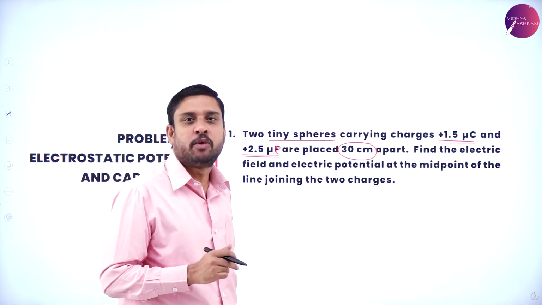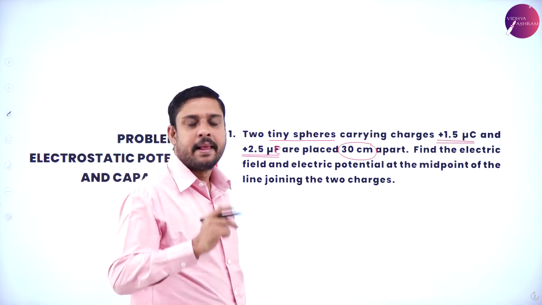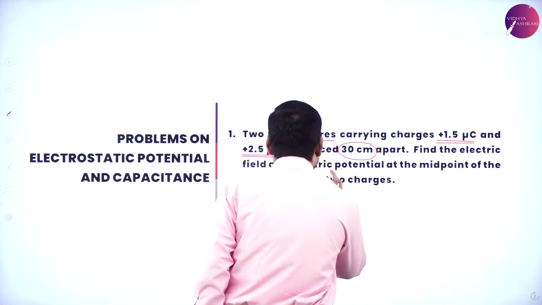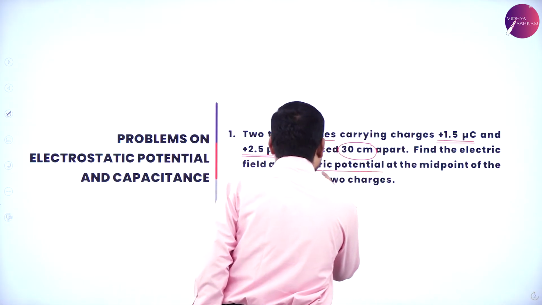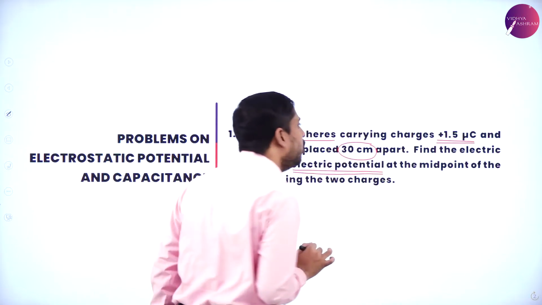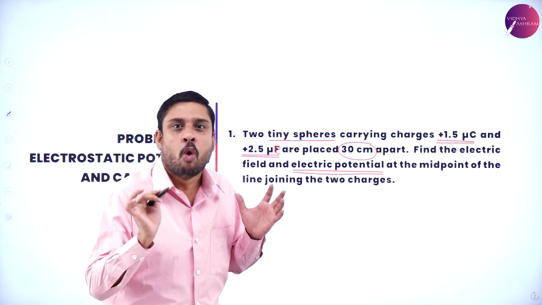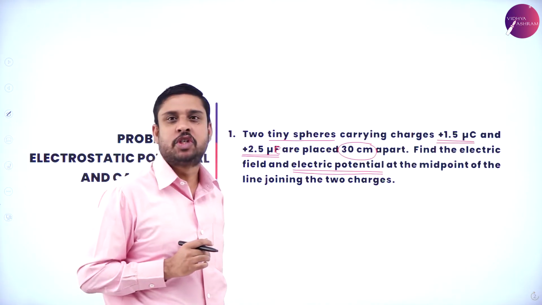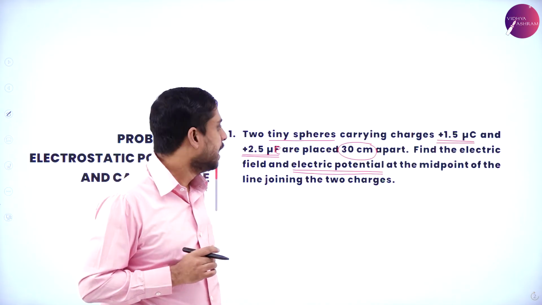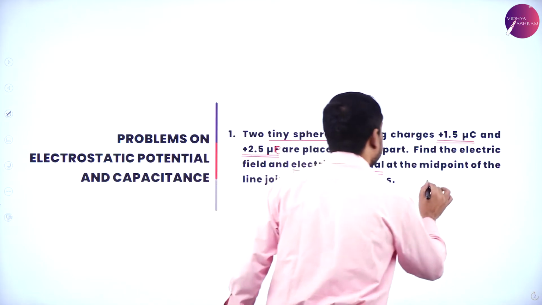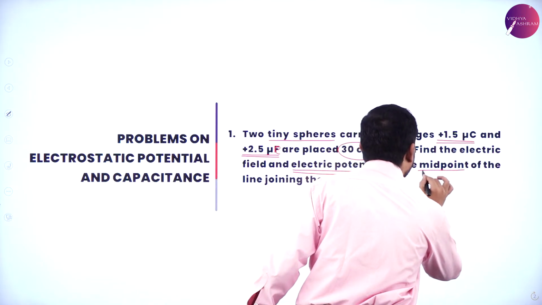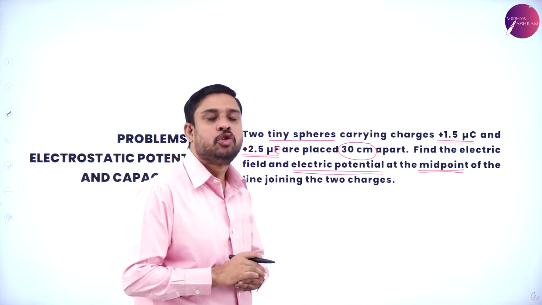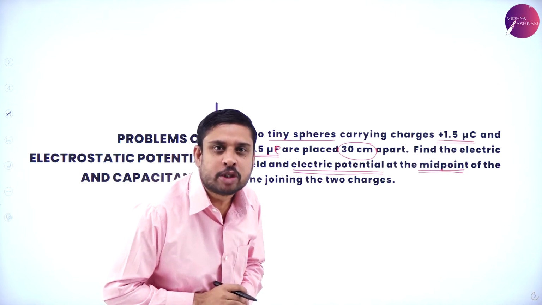In this particular problem, I will reframe it, calculating only the electric potential at the midpoint of the line joining the two charges.